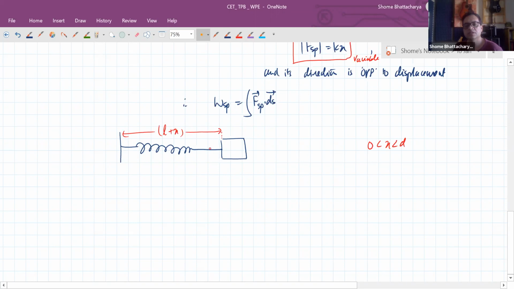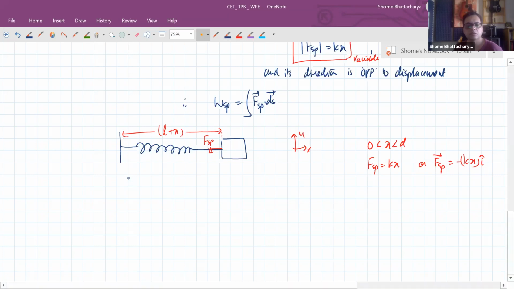The spring force that is acting on the block has a magnitude of kx. Or if I take my xy axis like this, I can write the spring force as minus kx i cap, acting along the negative x direction.